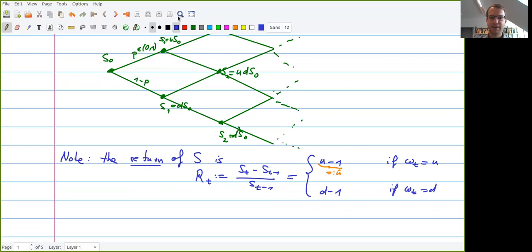All right, and here we can shorten our notation again by calling this d hat. Okay, so these are the returns, and then you can easily express the price at time t in terms of these returns by saying, well, this is nothing else than the price at time t-1 multiplied with the return, which is again a random variable.